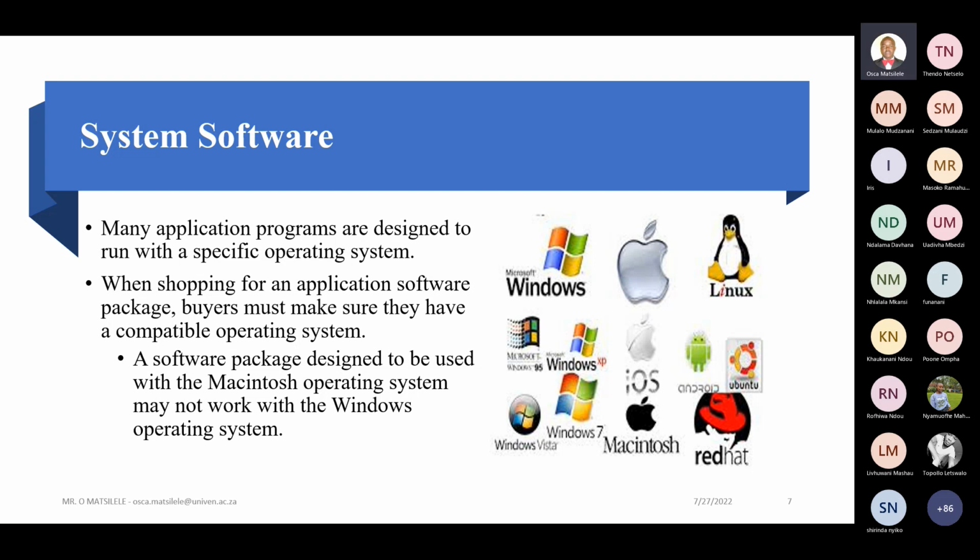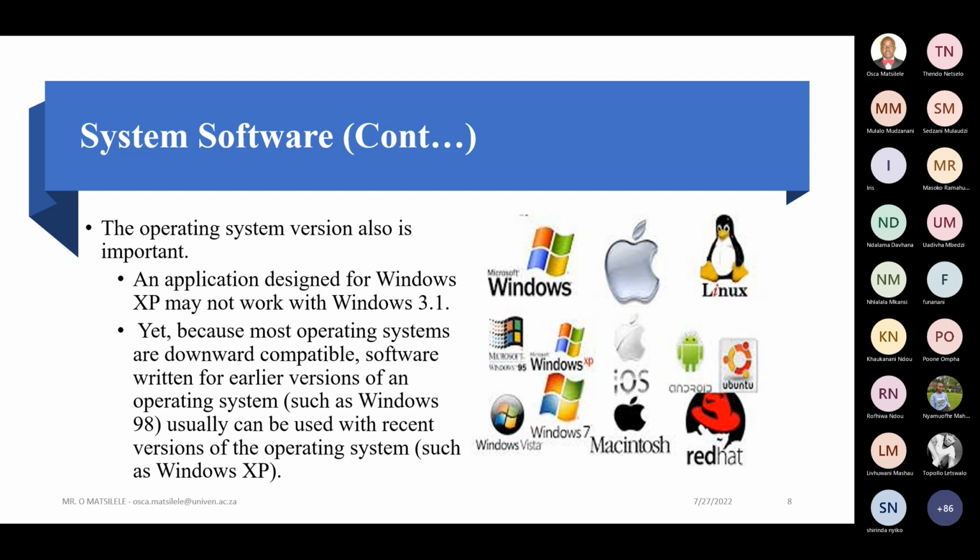Like those who are using a Mac operating system and someone who is using Windows. Software designed to be used with a Mac operating system may not work with Windows. That one you have to know. The operating system version is also important.